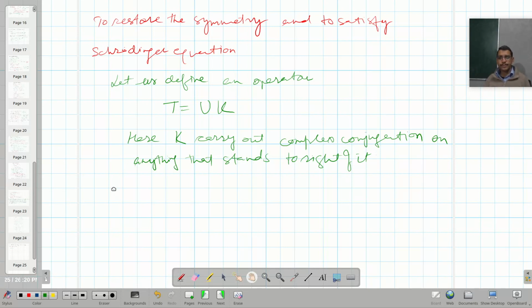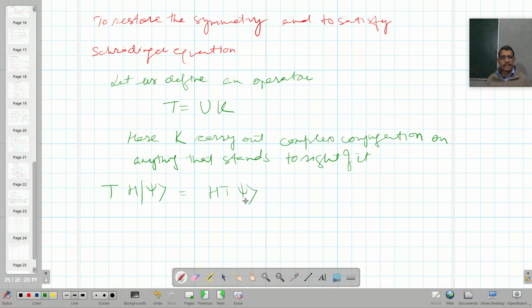So therefore T H psi can be written as H T psi, and it can be written as minus iota h cross del over del t of T psi, and it can be written as iota h cross del over del t T psi, like this. You have to write it in this way.